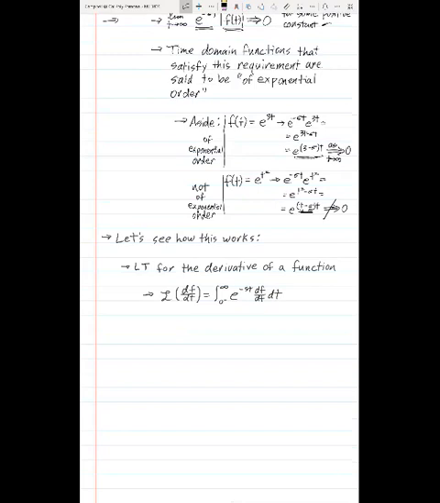That's what we're going to be using throughout this entire class. You can have a double-sided Laplace transformation, which is from negative infinity to positive infinity, but that's used much less frequently. So when people say Laplace transformation, they almost always mean the single-sided one, going up to positive infinity.